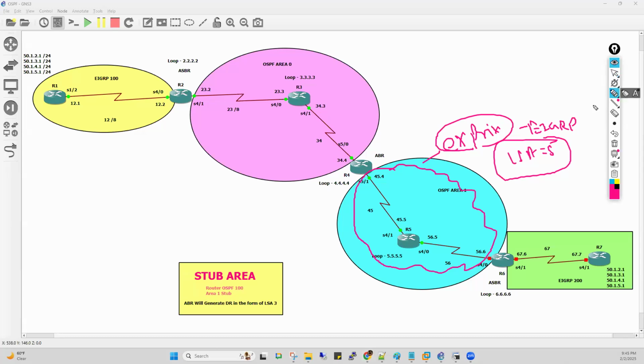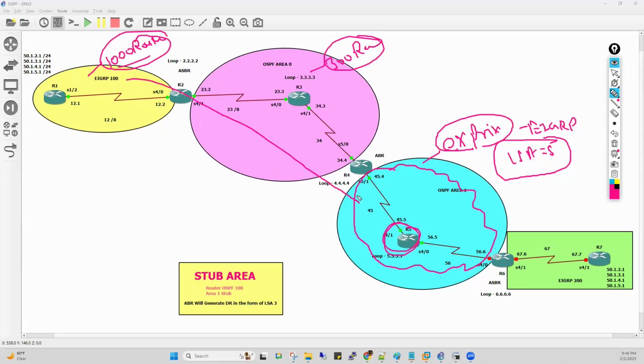Now, my question is, for example, try to understand the scenario, guys. For example, here if there are 1000 routes, how many routes are there here? 1000 routes. For example, here we have 300 routes. So if you check the routing table of this router, how many routes will you get here? 1300 total. 1300 routes.